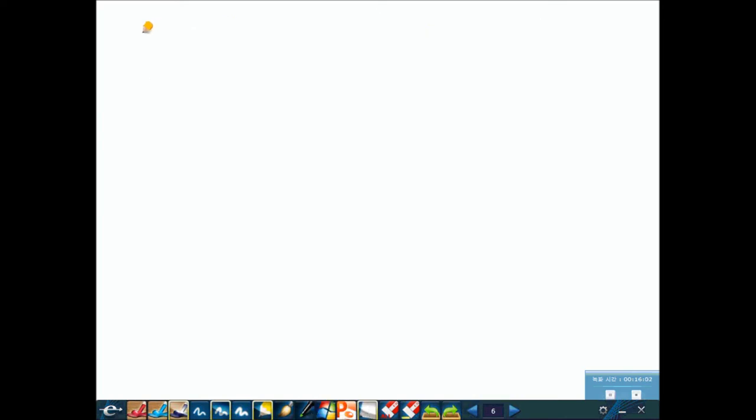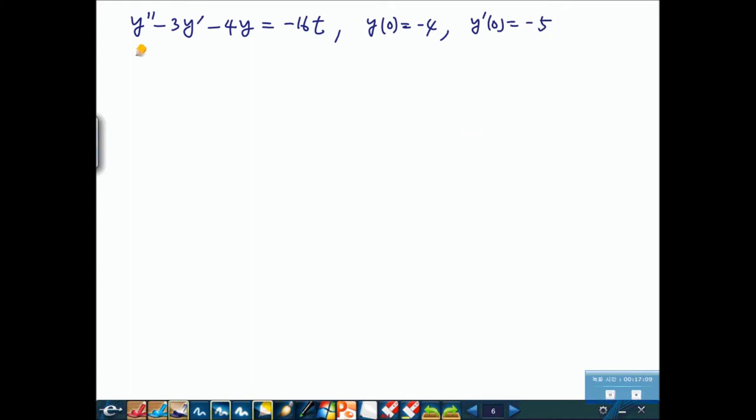Okay, one more example. Y double prime minus 3y prime minus 4y is minus 16t. And we have two initial conditions for the second order system. Y prime of 0 is minus 5. Whenever you see a differential equation, you just simply write accordingly.